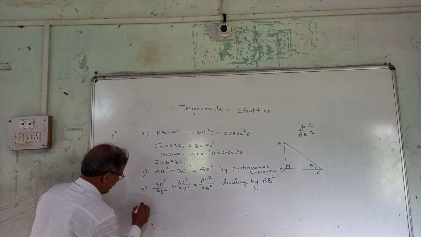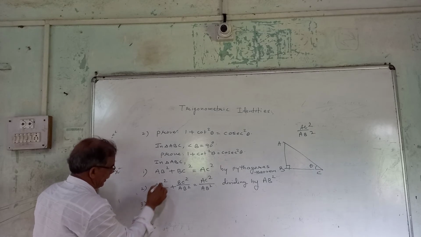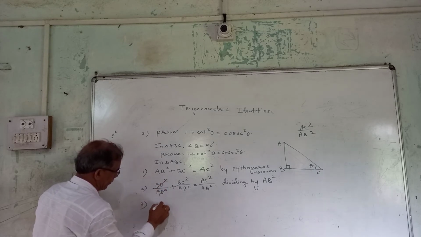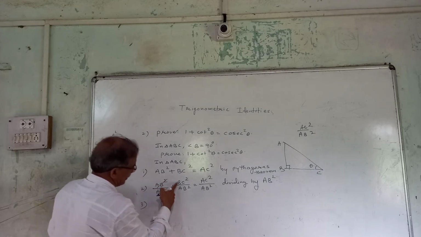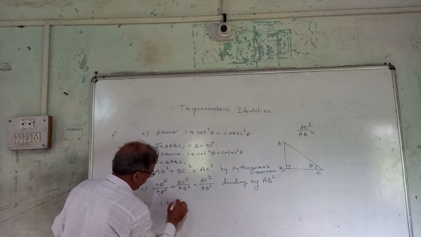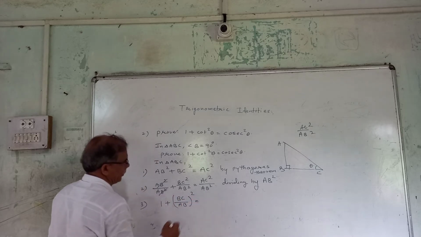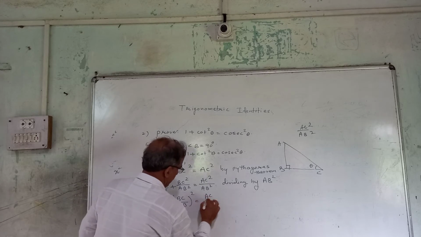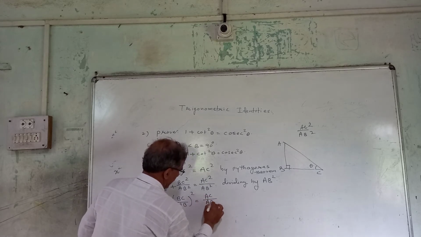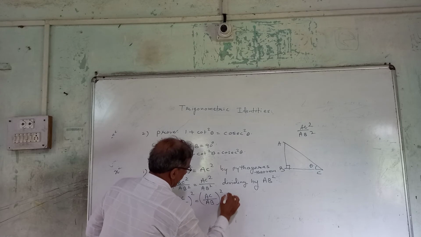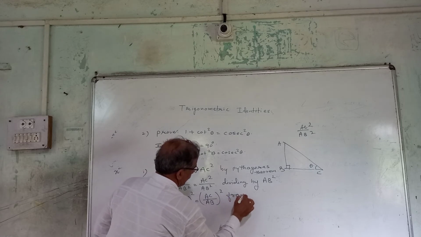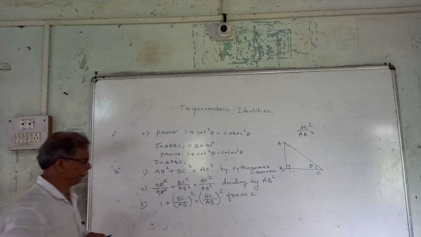Now third, AB square gets cancelled, 1 plus, I shall write this in A by B whole square form. So BC upon AB whole square is equal to AC upon AB whole square from 2.